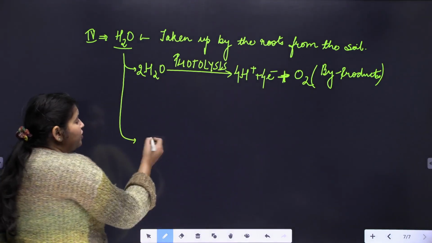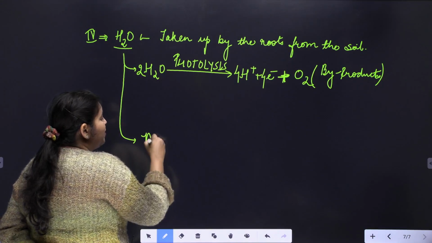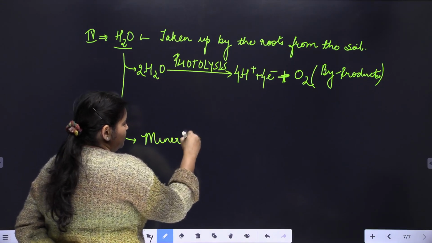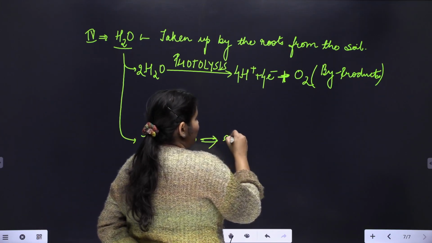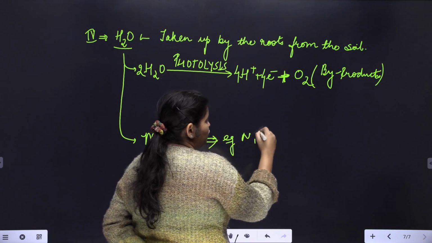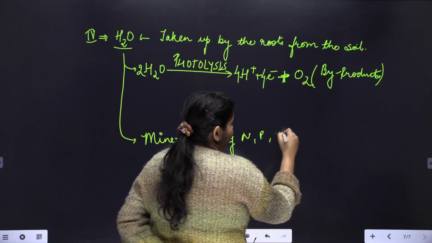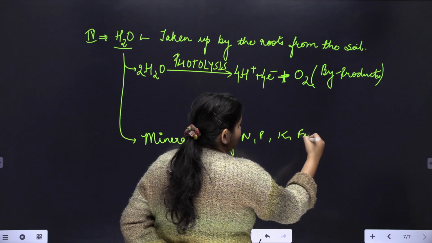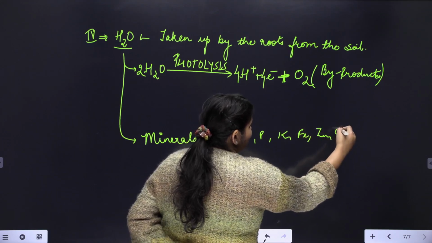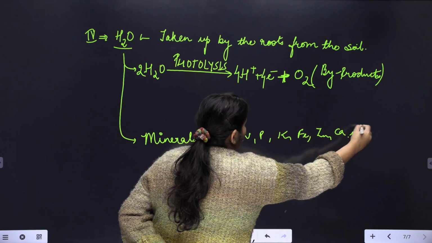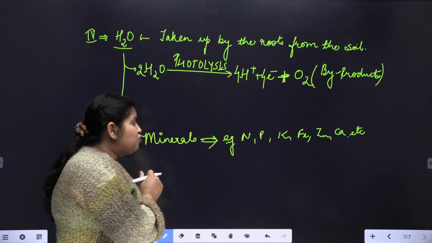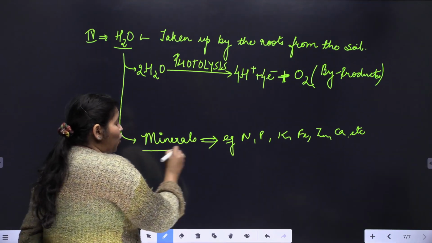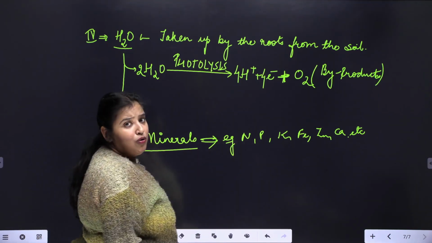The second important thing is that all the minerals, for example nitrogen, phosphorus, potassium, iron, zinc, calcium, etc., all the macro and the micro minerals, are absorbed from the soil only.